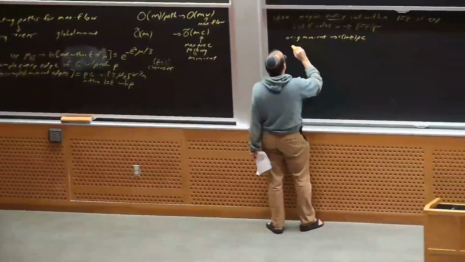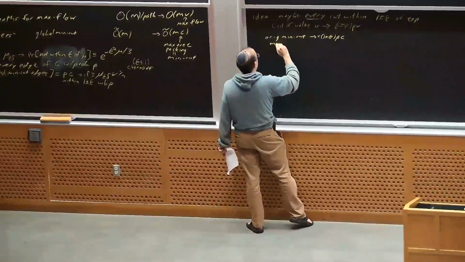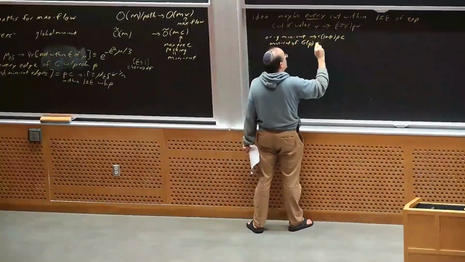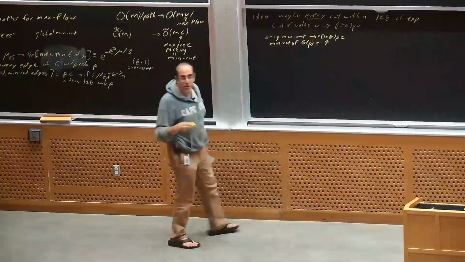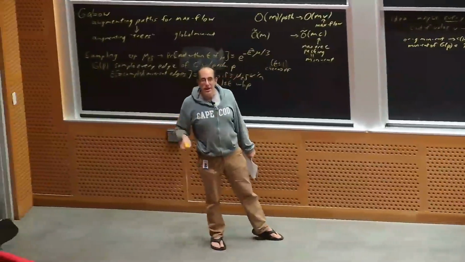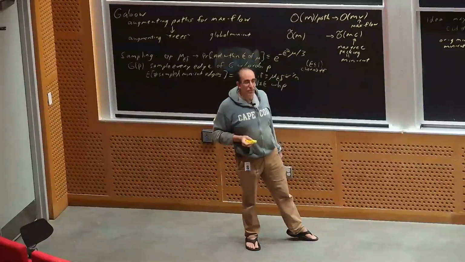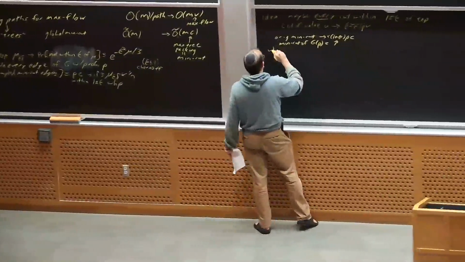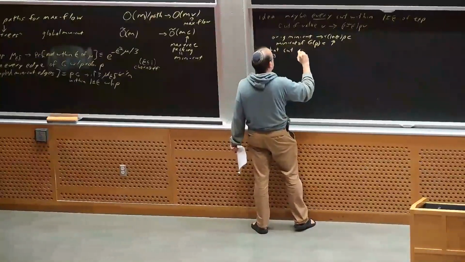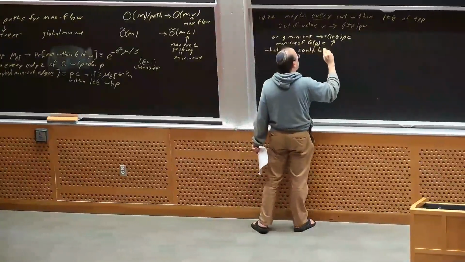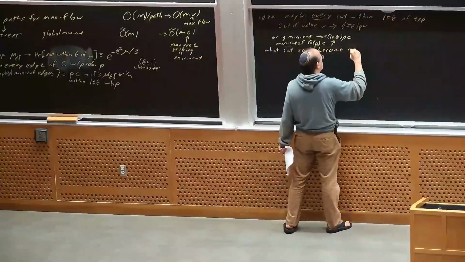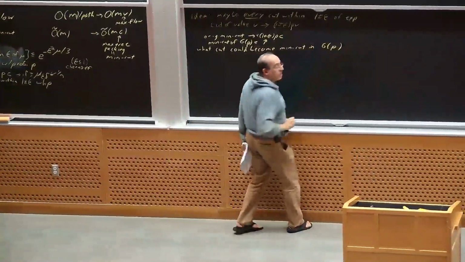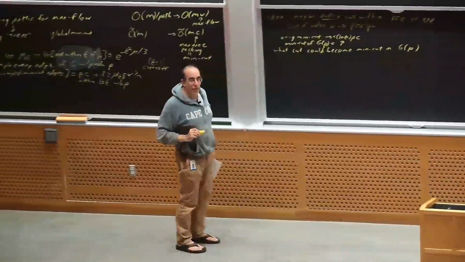So that means that the min cut of G of p is less than this, because there is at least one cut that has this value, right? So what cut could become the minimum cut in this sample, right?